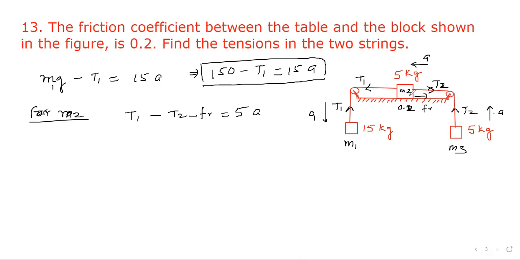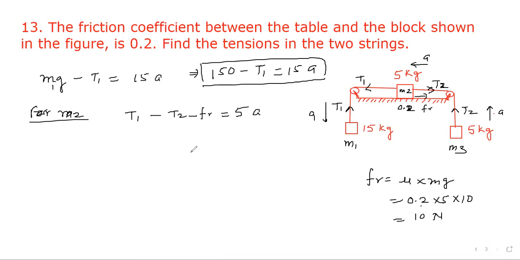Now we put the friction. Friction here will be Fr, that is mu mg. M is 5, mu is given as 0.2, and g is 10.